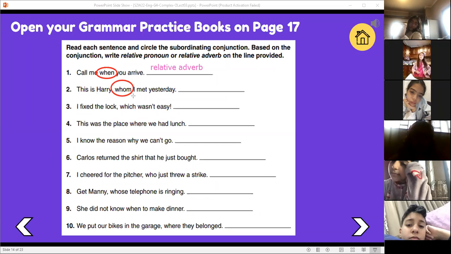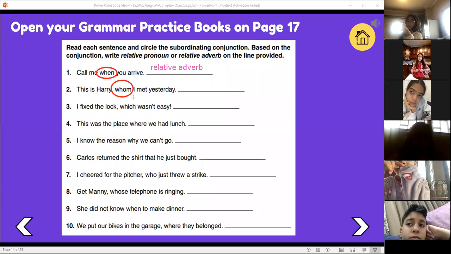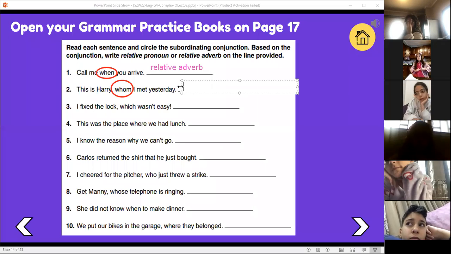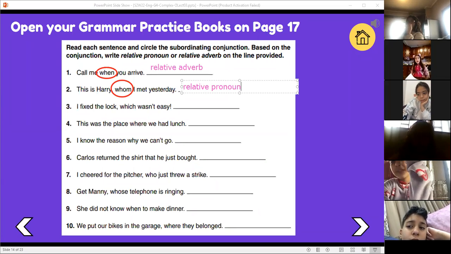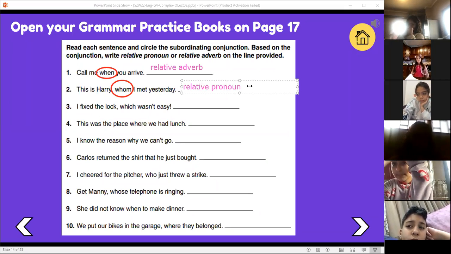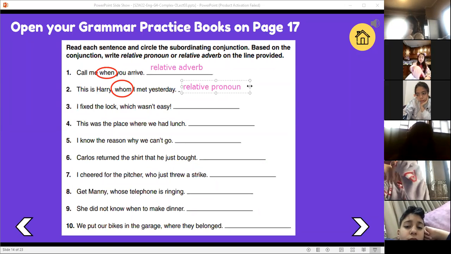So whom, this one, we are referring to a person, right? Yes. So is it an adverb or pronoun? Adverb. No, pronoun. Because we are referring to a person, so it should be relative pronoun. Okay. Thank you, Zahra.